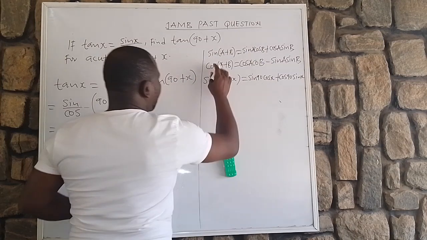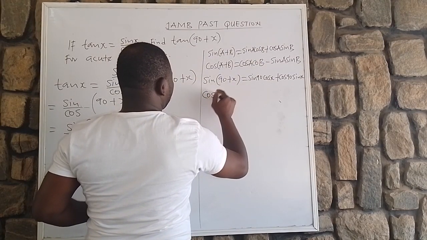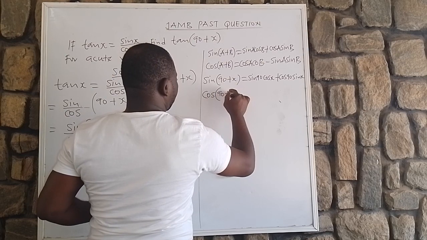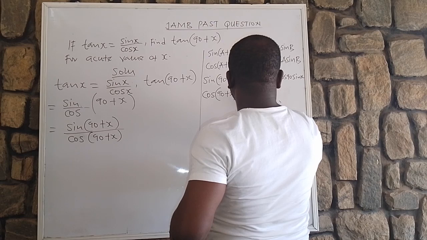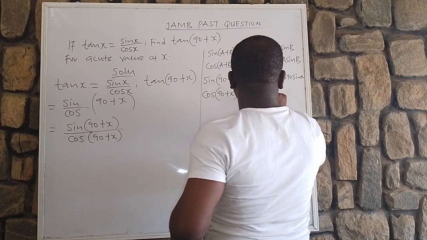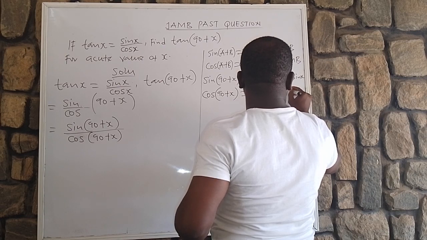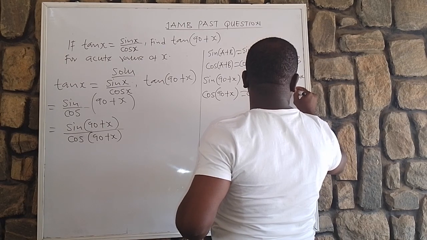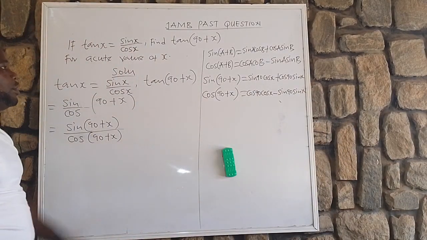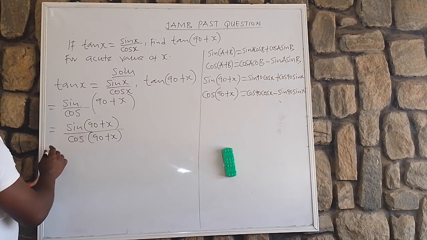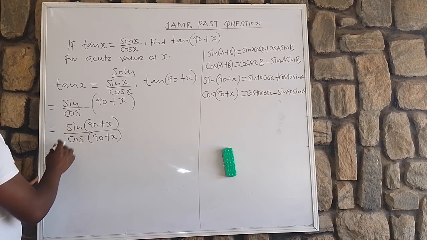Then cos 90 plus x is the same thing as cos 90 cos x minus sine 90 sine x. Do you agree with me? So now this will be written in this form.